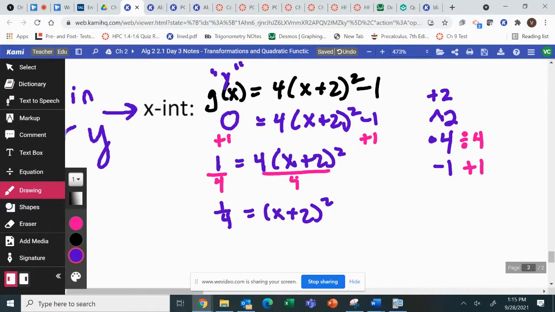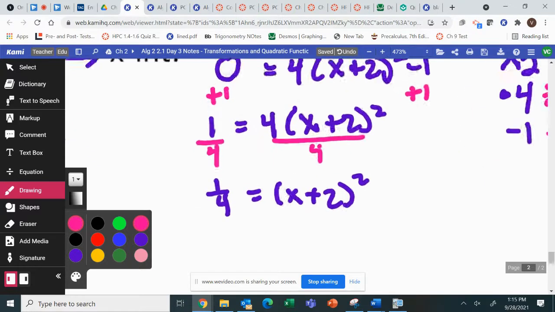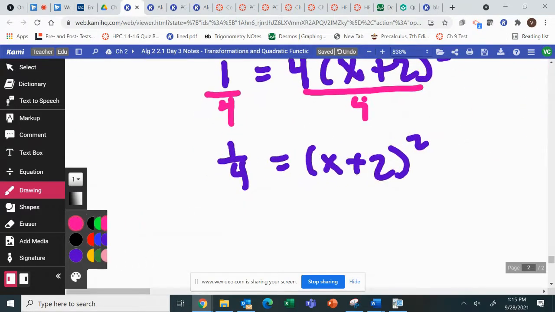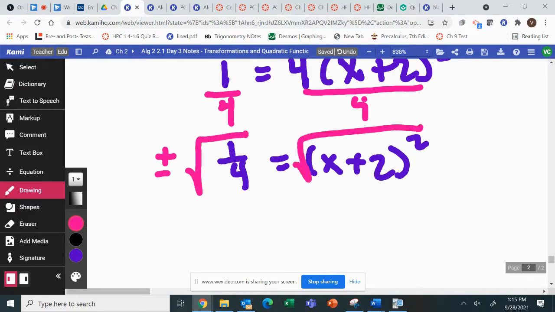What's the next thing we have to get rid of, Brecht? How do I get rid of the squared? Okay, but I'm not just square rooting, but plus minus square root of the 1/4 on both sides, but it just cancels over here.